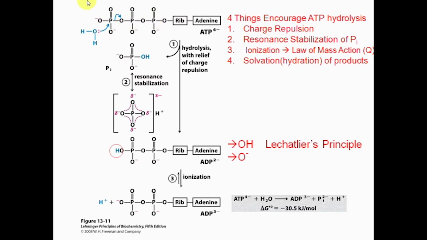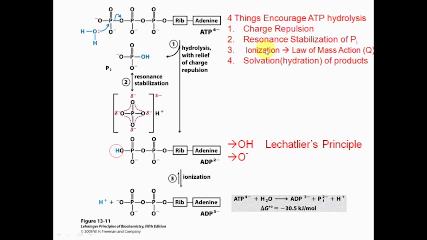And it's the same thing with these phosphates. Once you cleave one of these off, it's just going to shoot off like a bullet because of that charge repulsion. And then the second thing is the resonance stabilization of the phosphate that was just kicked off.